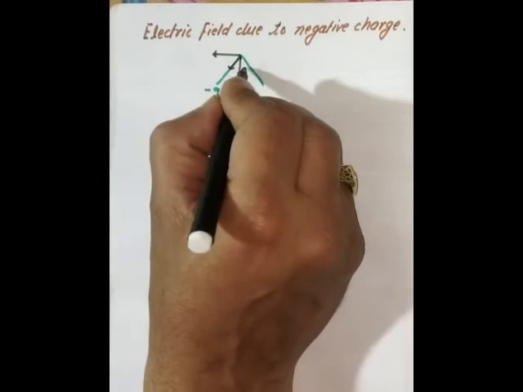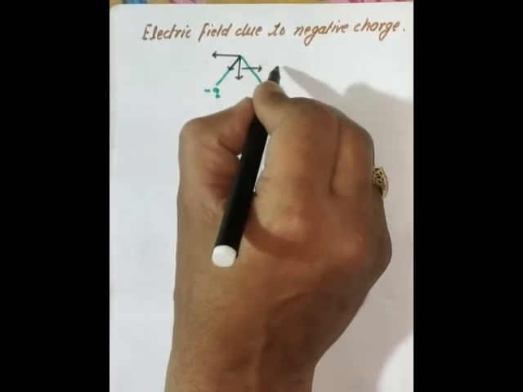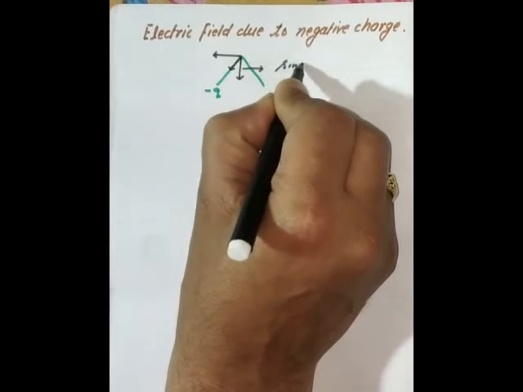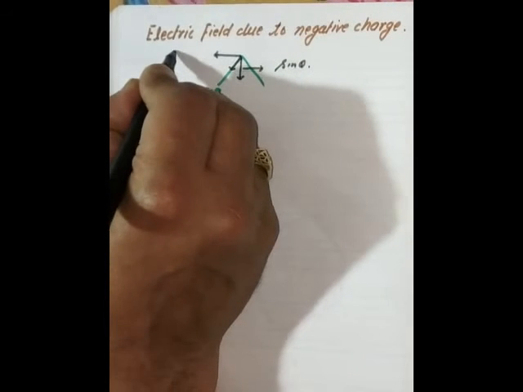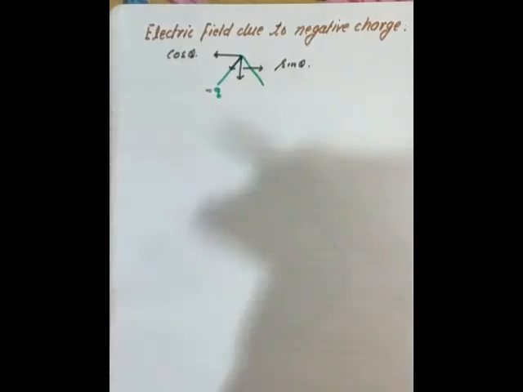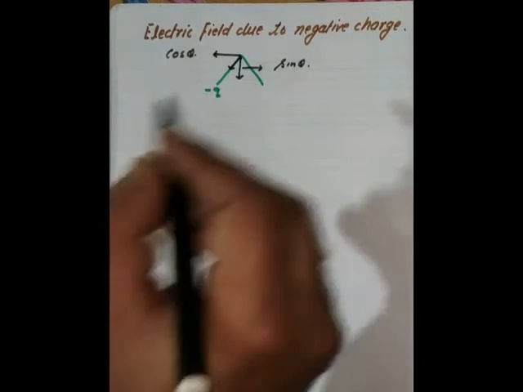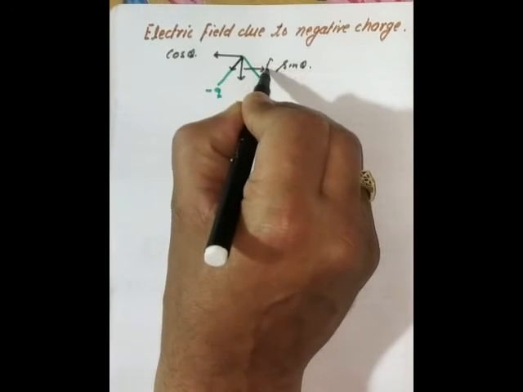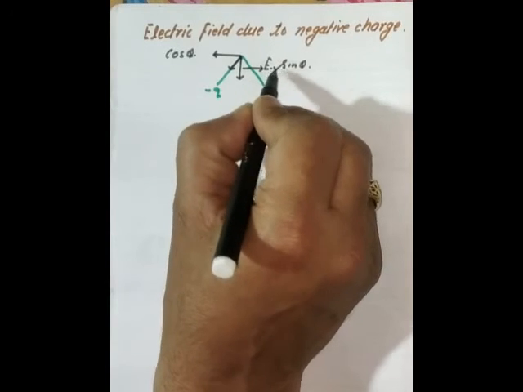This is sine theta and this is cos theta, the electric field by the negative charge.